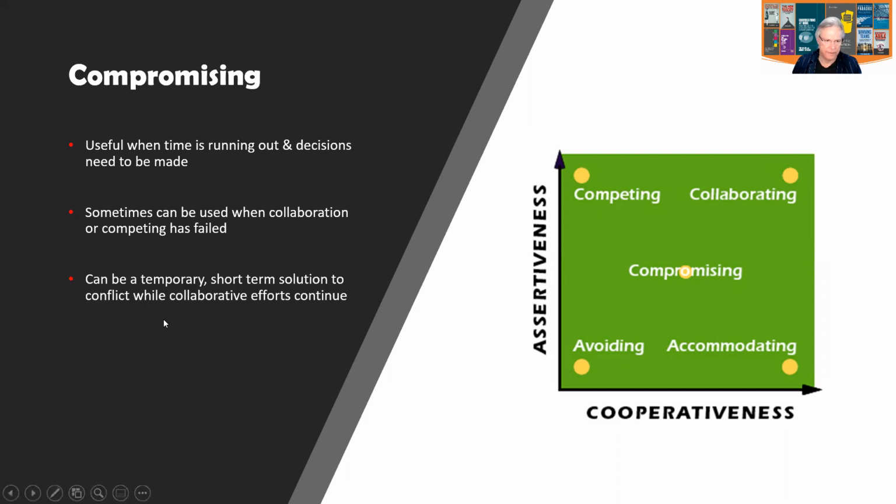So that would be useful where time's running out. And finally, sometimes compromise is the only way. I mean, I think in a lot of cases, our society accepts that compromise tends to be considered to be the most acceptable form of dealing with conflict, generally speaking.